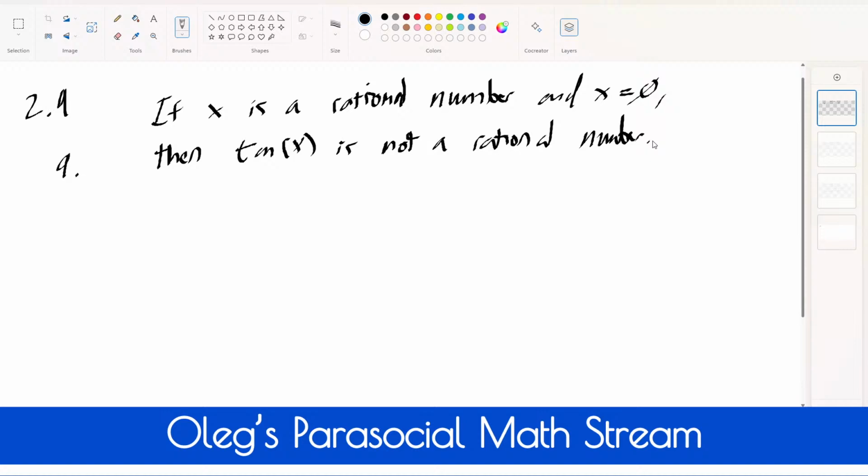All right, so now let's do this right here. If x is a rational number and x is not... Wait a minute, I wrote that wrong. Okay, hang on. That's how I should be writing it. The way I wrote it was just that x is an empty set. You can technically write zeros that way too.